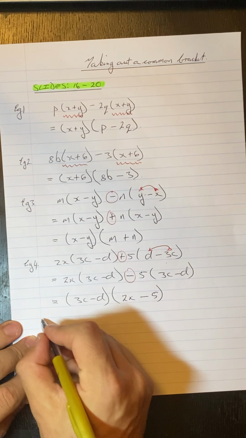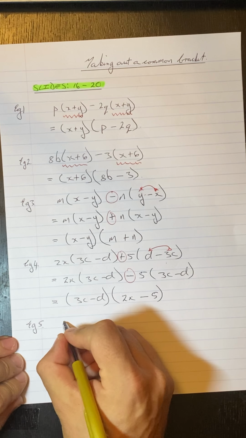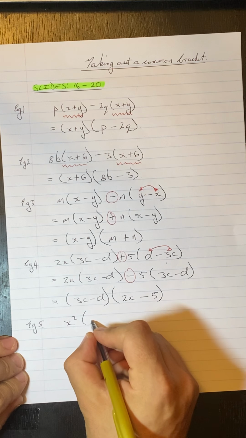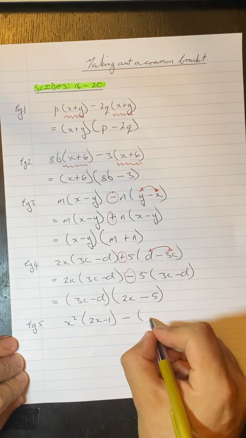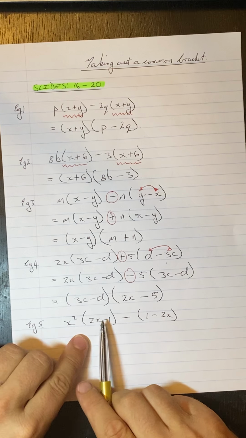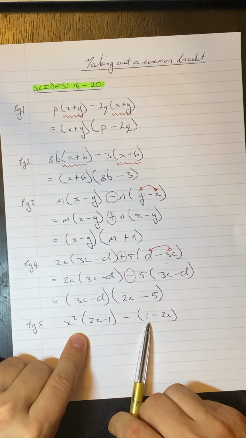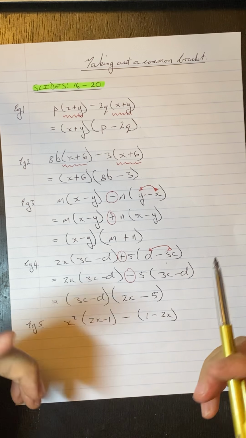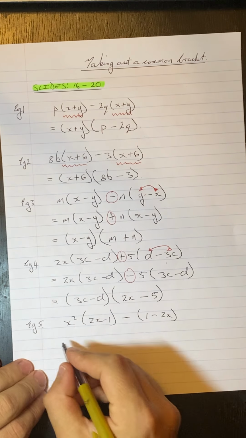Looking at example 5, in this first term we have a 2x minus 1. Over here we have a 1 minus 2x. They look similar, so what we can do is just flip that one and make it look like this one.